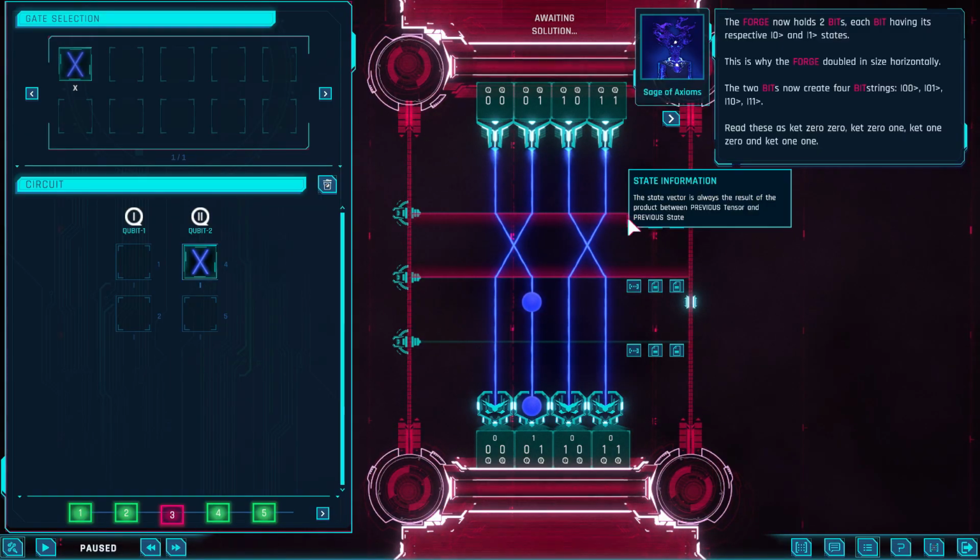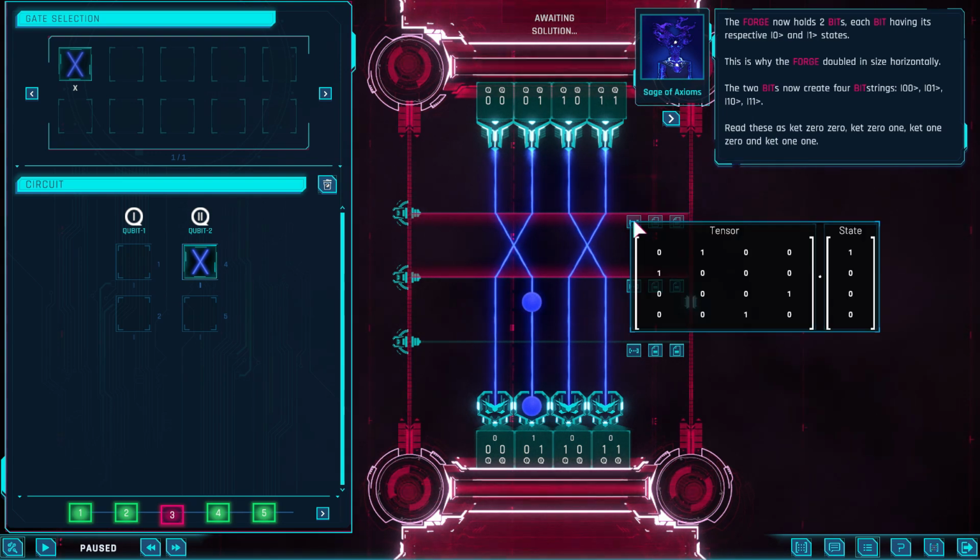Let's take a look at the state information for the 2-qubit situation. The tensor here changes. The state, in these simple diagrams, will have a 1 where the ball or where the sigil is found in the forge.